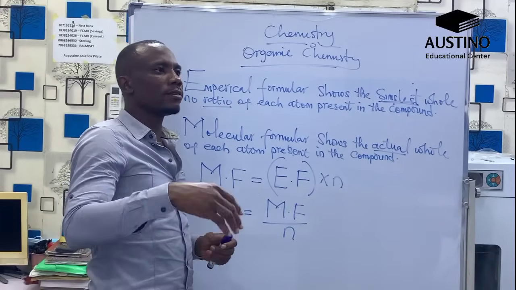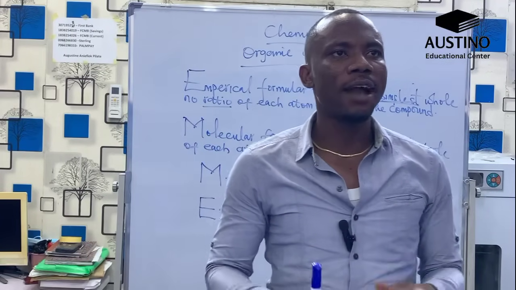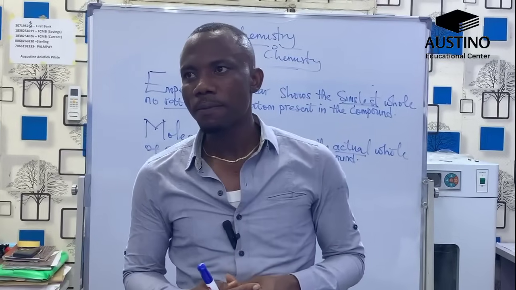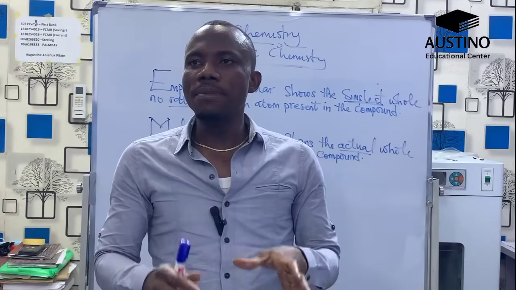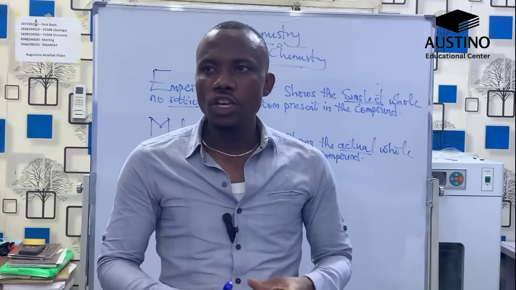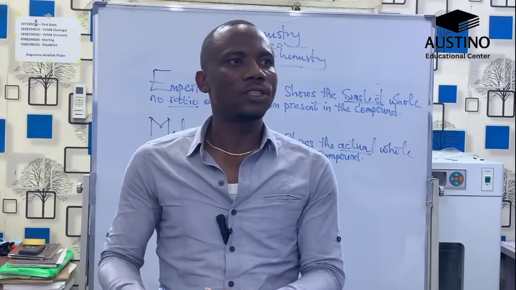And then for chemists, those of you that have been finding it difficult to understand organic chemistry, you must first of all understand what we mean by organic chemistry. From there, you understand the origin of the chemistry, which is organic compounds.